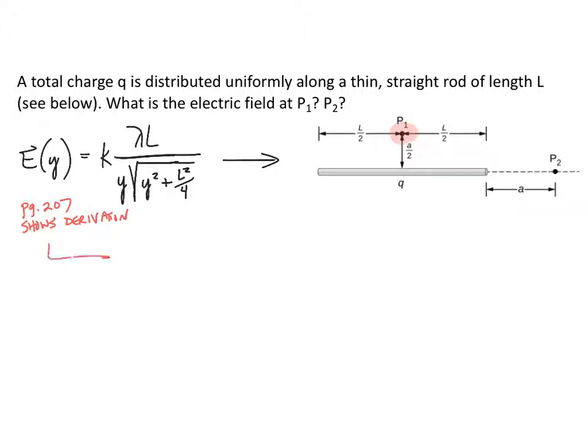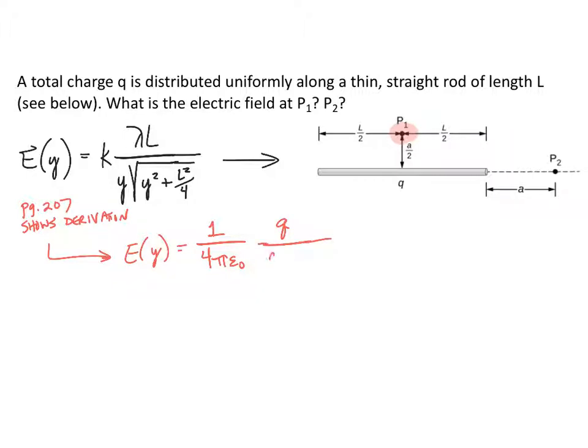So continuing on here, we would have our E sub y will be k. Well, I'm going to switch from k to 1 over 4 pi epsilon naught. That's what k is. And then lambda L, the charge density times the length, would just end up being the charge Q. And then I'd have this weird thing.